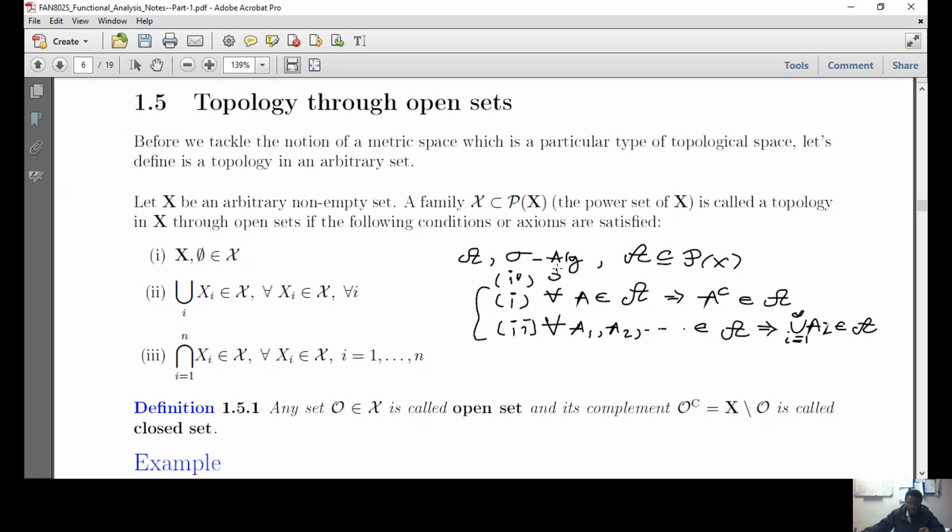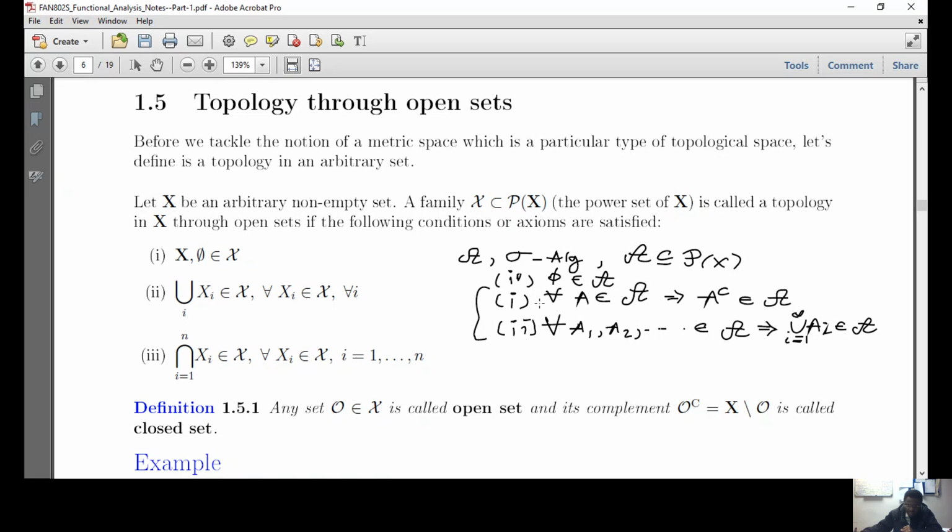We don't need to put both. One is enough. If we can show that the empty set is there, the complement condition will imply that the complement of the empty set, which is X itself, will be there. So we don't need to impose that both the empty set and the underlying set X are there. If you assume it, it's still fine, but it's not necessary.